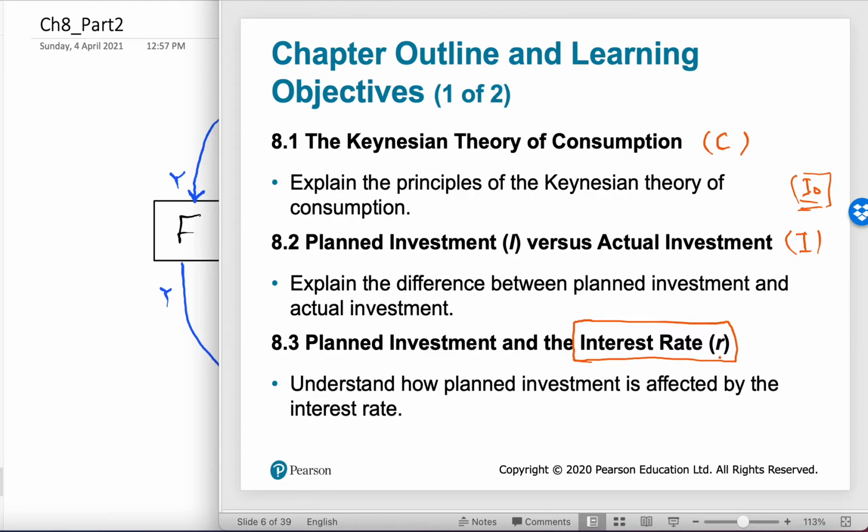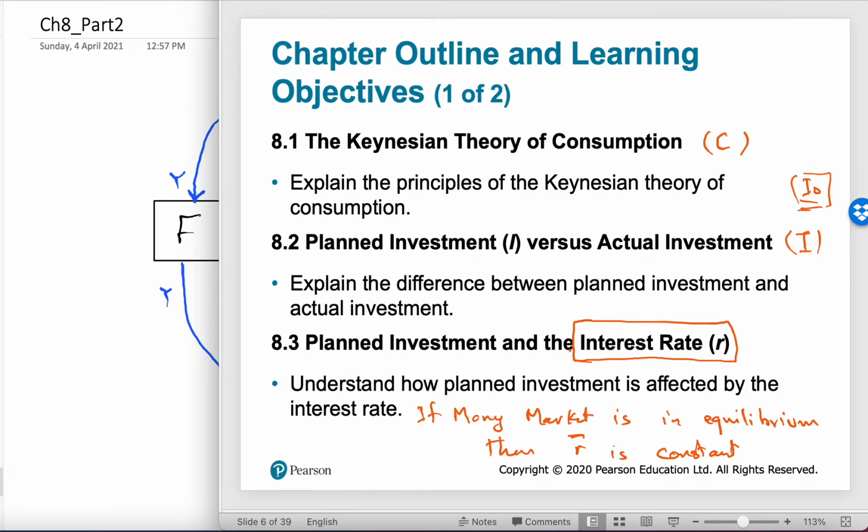If the main assumption is that the money market is in equilibrium, then the interest rate is constant. But we open the bracket and ask: what if the interest rate is changing? Then how would investment, for example, be affected?